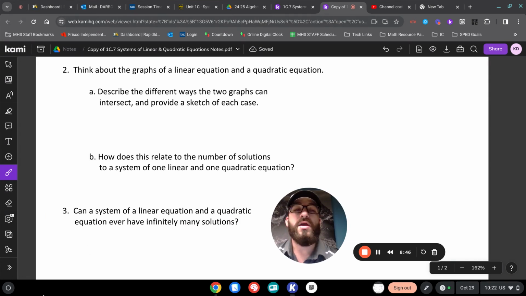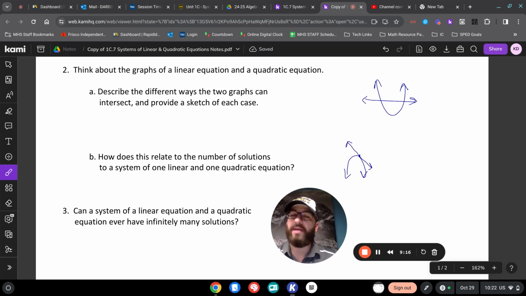So if we have a quadratic function, first way that we could have these two intersect is just like we had in the problem above. Line goes through the middle, crosses our quadratic function in two different spots. Pretty straightforward. Okay. Another way that we could have these two graphs intersect is, of course, if we had a quadratic function, but then our linear function only just grazed it and touched it in just exactly one spot.